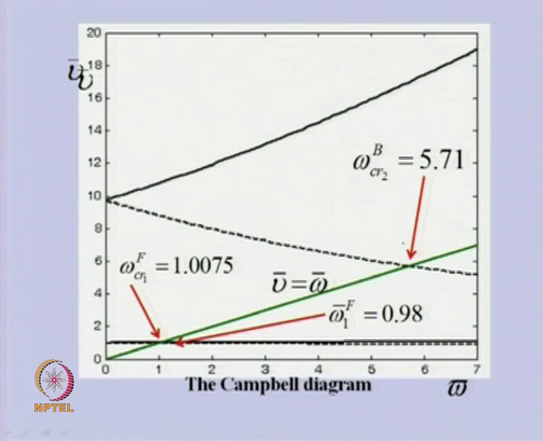Another thing you can see is that at 0 speed, both the frequencies which got split because of the gyroscopic couple converge to the same place. At 0 speed these two values are at the same place because the gyroscopic couple is not there. So, this splitting is due to the gyroscopic couple.